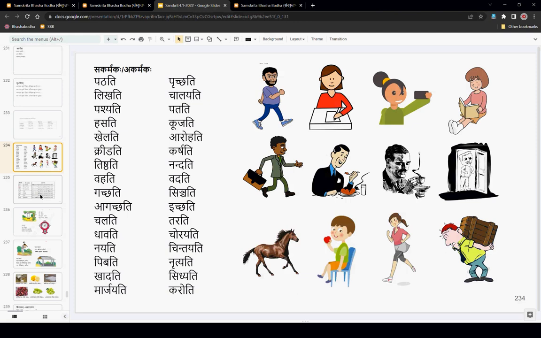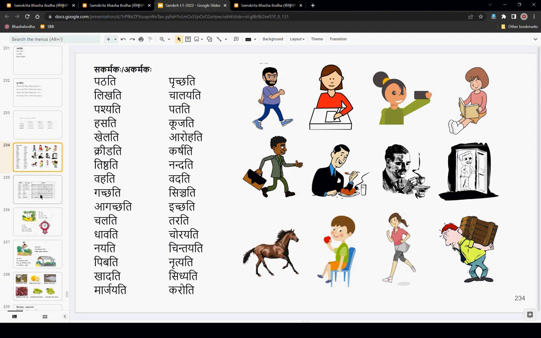It is not sakarmaka in Sanskritam. This is used incorrectly in Sanskritam many times, like I have heard that. So just be careful on that. Pay attention that milati, milami, miladhatu is akarmaka.